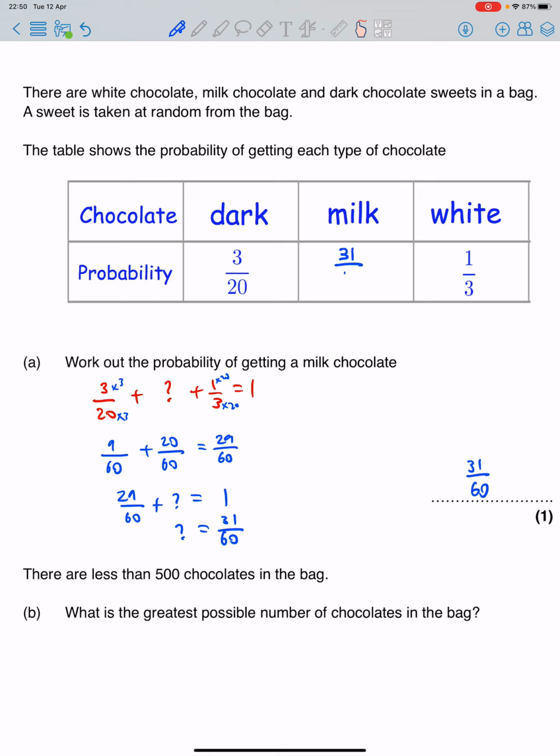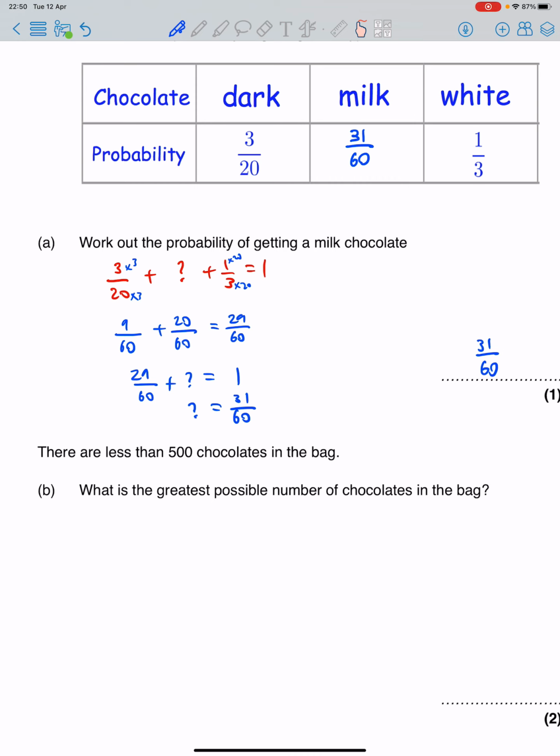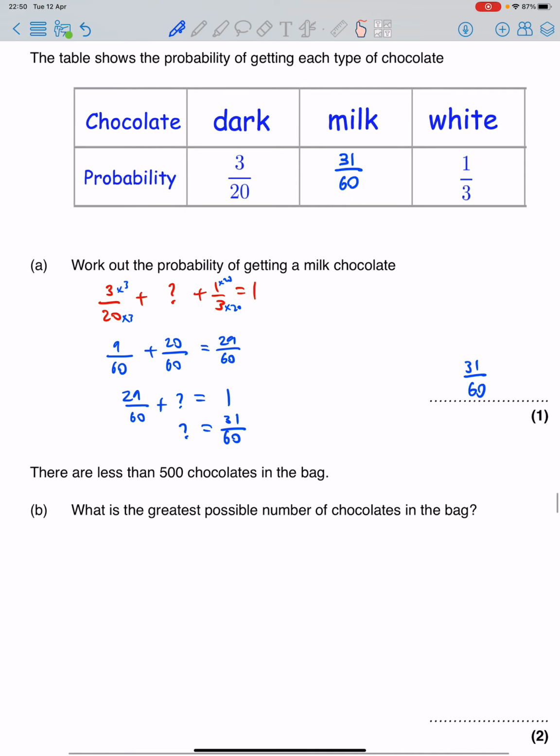Okay, there are less than 500 chocolates in the bag. What is the greatest possible number of chocolates in the bag? Okay. Because we now have the lowest common multiple of the 3 denominators, which is 60, that denominator can essentially represent the total number of chocolates.